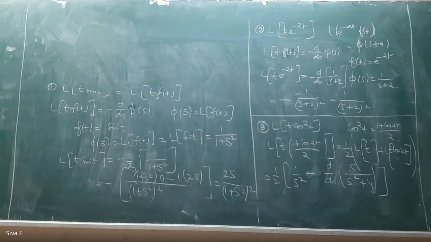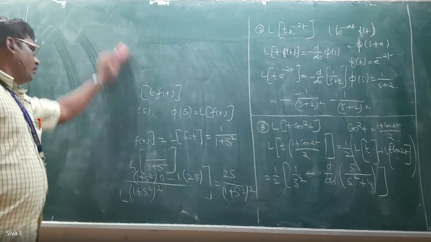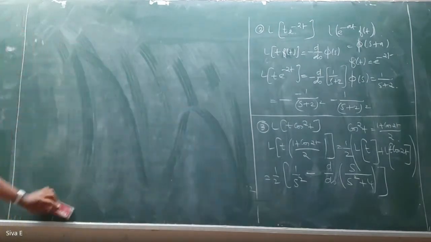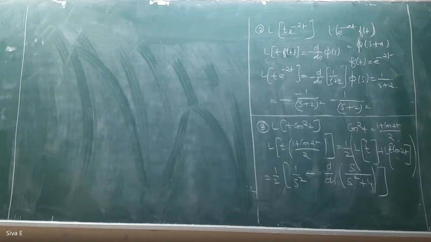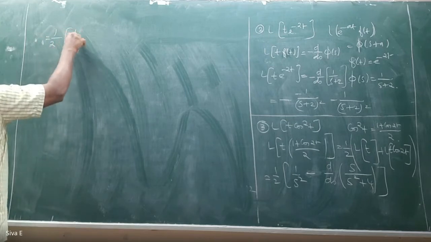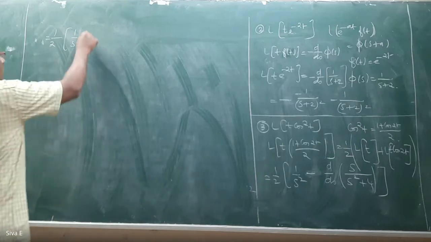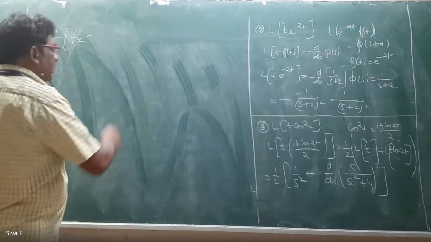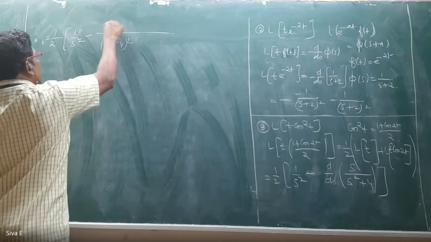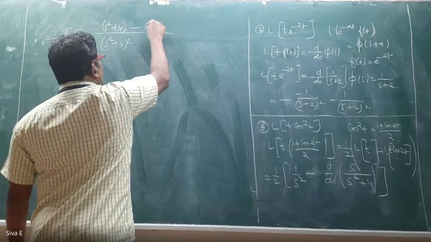So, how to calculate this? 1 by 2, 1 by s square, minus d by ds: s square plus 4 whole square in the denominator, s square plus 4 minus, keep s outside, 2s.